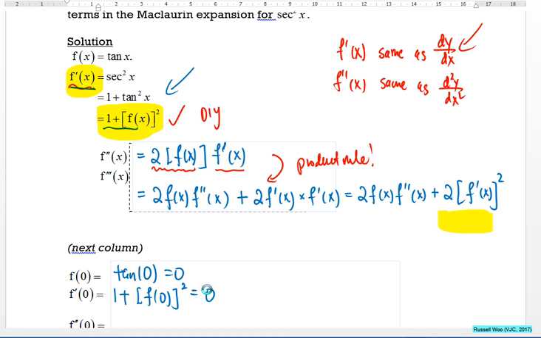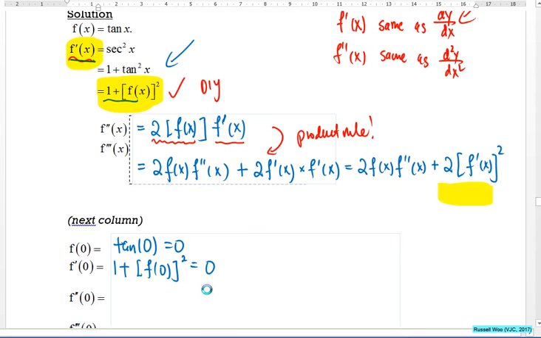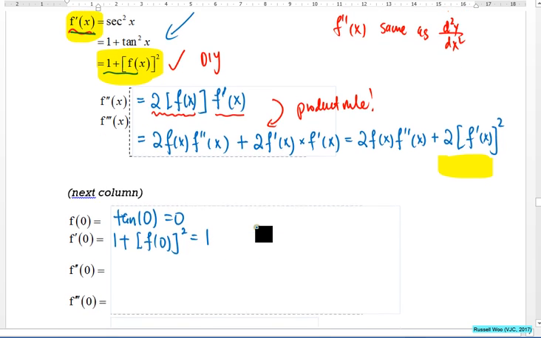Using the same idea, can I find f''(0)? I substitute 0 in, I will get something. Oh, sorry, it's 1. What am I talking about? Math teachers can be quite silly sometimes. Now, f''(0), you substitute 0 in. I think you all can evaluate this. You get 2f(0)f'(0).